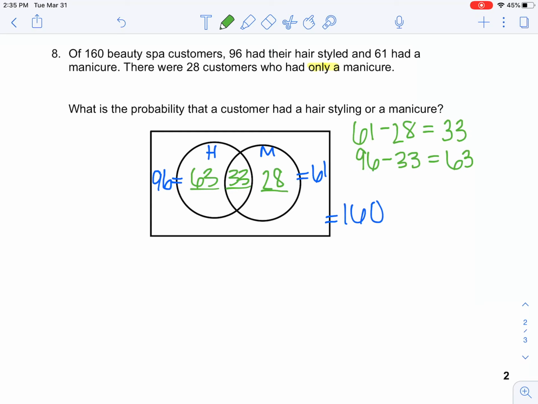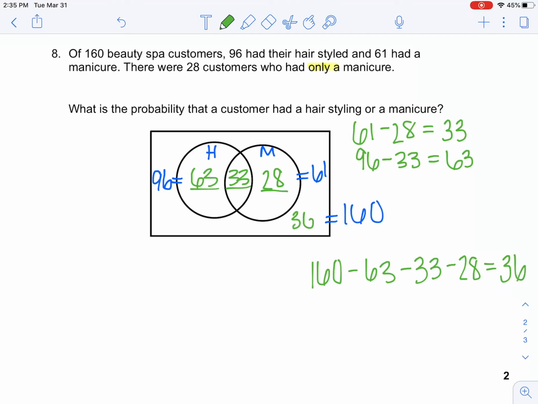Then lastly, we're trying to figure out how many of these customers did not get their hair styled or get a manicure. So we would take our entire total, that 160, and subtract those three numbers we have in the center of our Venn diagram. So minus 63, minus 33, minus 28, which equals 36.